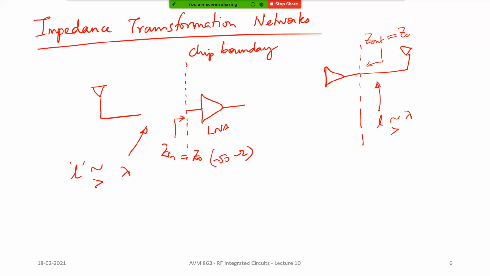Okay. Now we looked at very standard forms of parallel RLC and series RLC networks. Before we go into it, let's look at what is called series to parallel and parallel to series conversion.